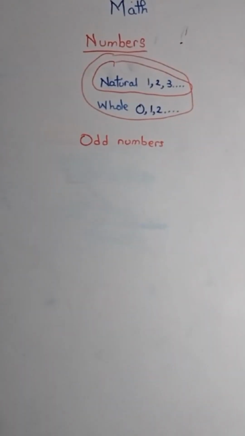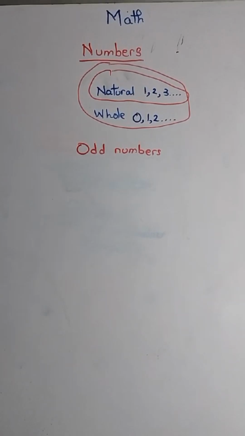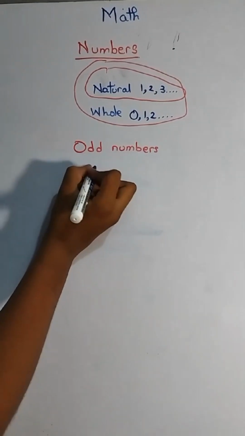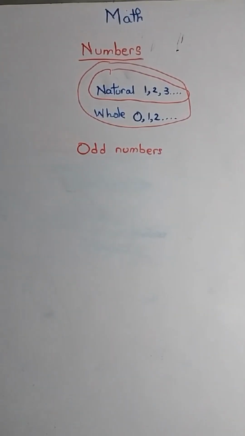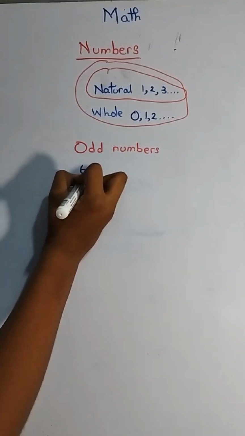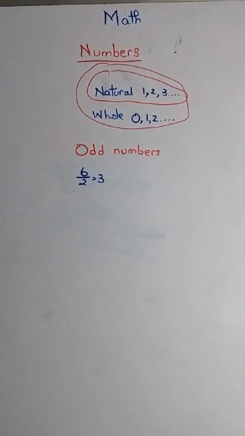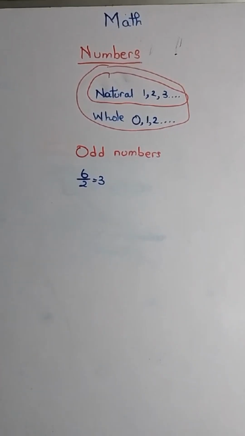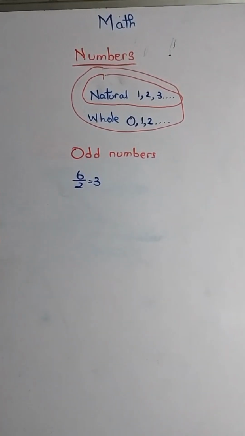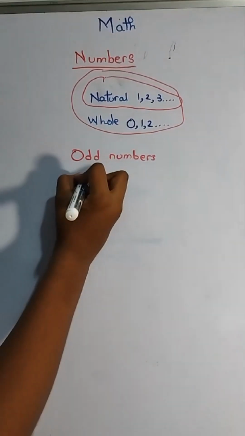To end our session, we will be doing odd numbers. Odd numbers are the numbers which are one less than an even number, or one more. As I told you, to find out an even number you can use the division by 2 formula, for example 6 divided by 2 to get 3. 3 is already an odd number, but as 6 is an even number, we can also use the subtraction method.